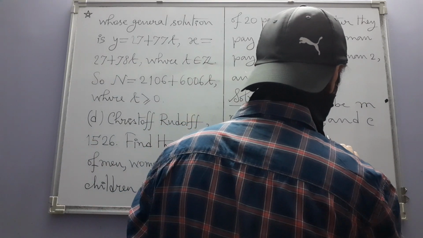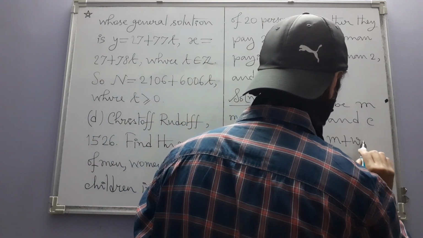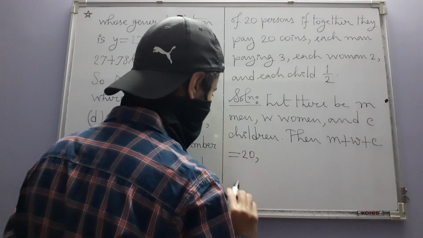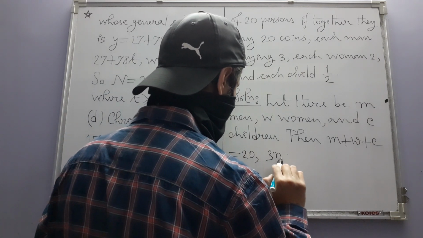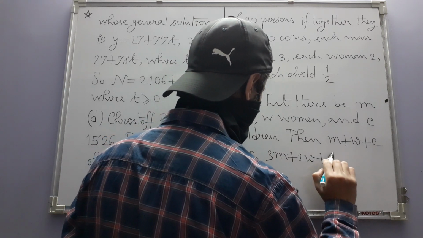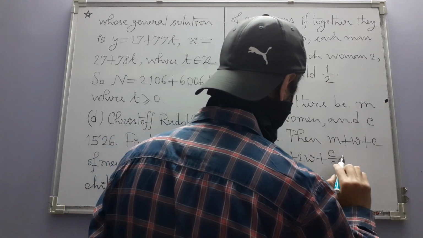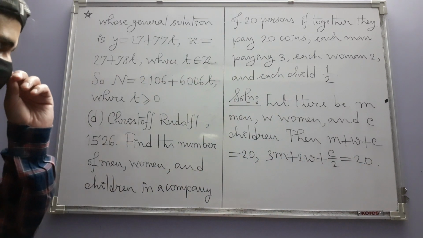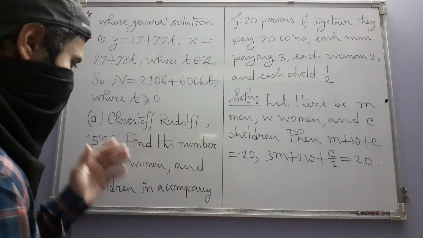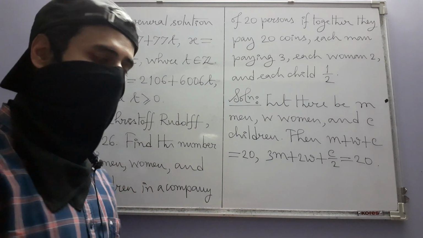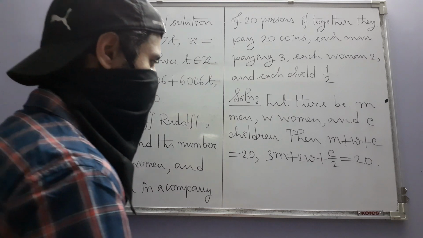So m plus w plus c is 20, and also 3m plus 2w plus c over 2 is 20, because there are 20 persons in total, and also they pay 20 coins together.